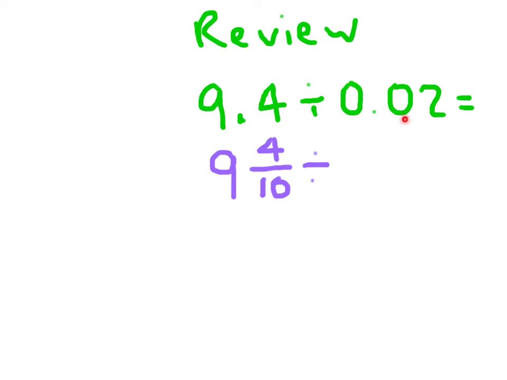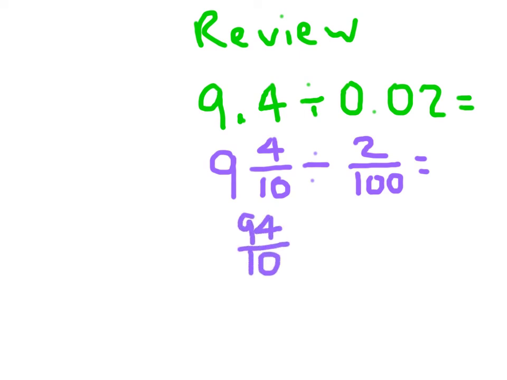And this number here is read as how? 200ths. So we write a 2 over 100. Next, we're going to write a multiplication problem for this same problem here. And then in that process, I'm also going to convert 9 and 4/10 into an improper fraction as 94/10 multiplied by 100 over 2.